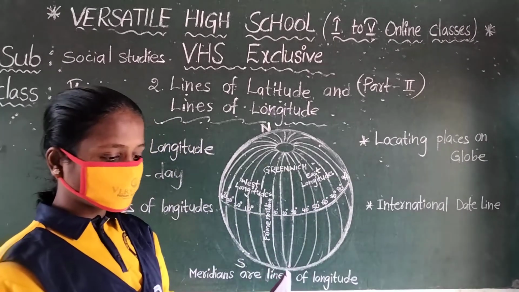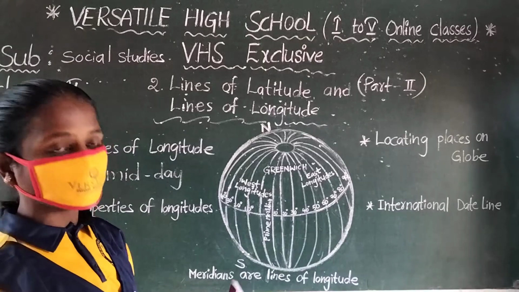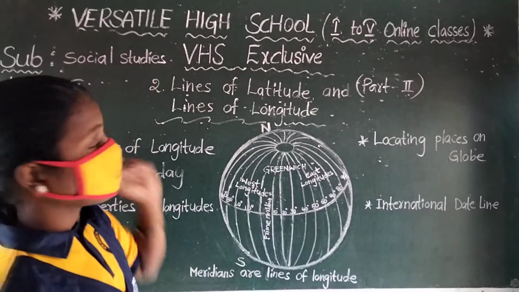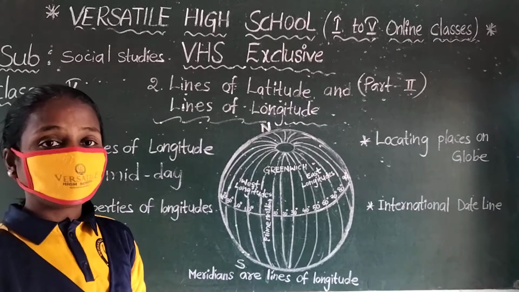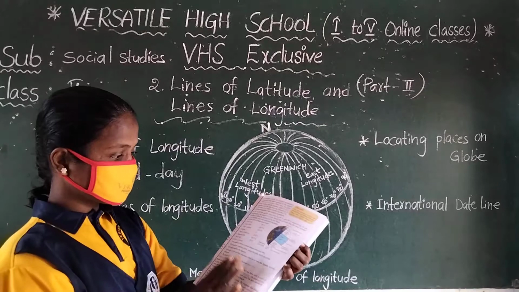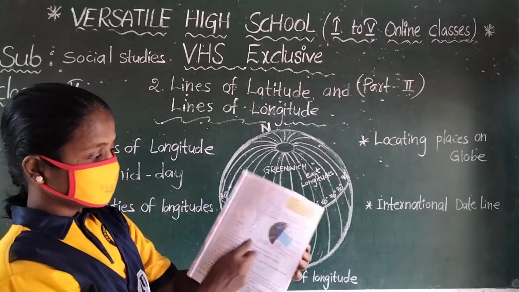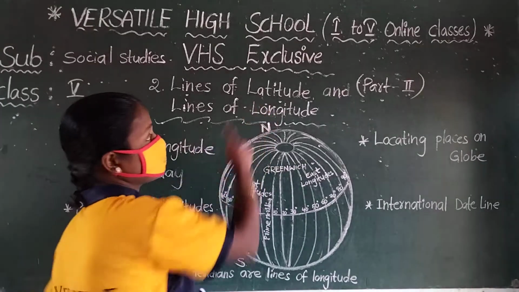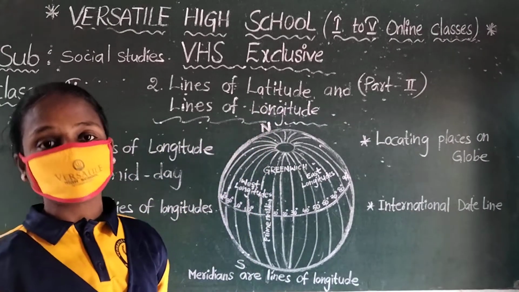So here the prime meridian divides the world into two hemispheres. See this picture, children. This is the picture of the equator. Among latitudes, the equator divides the globe into two hemispheres.